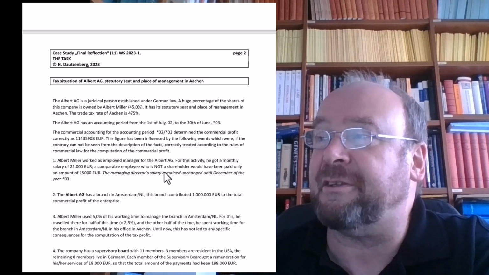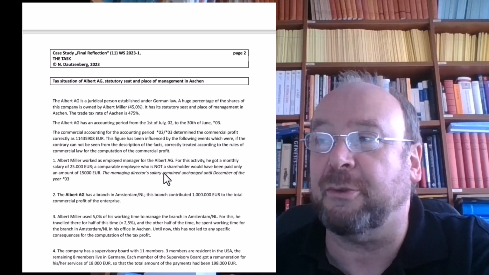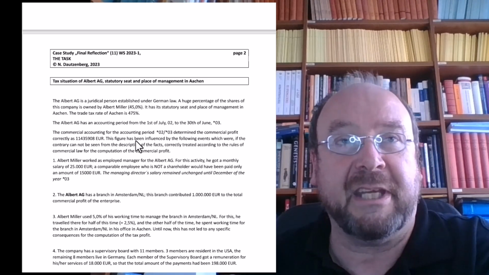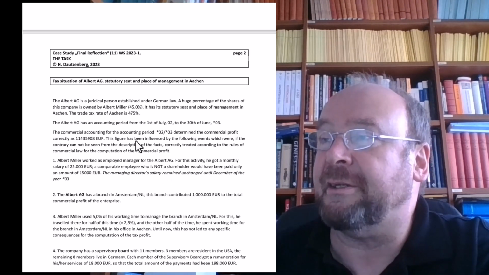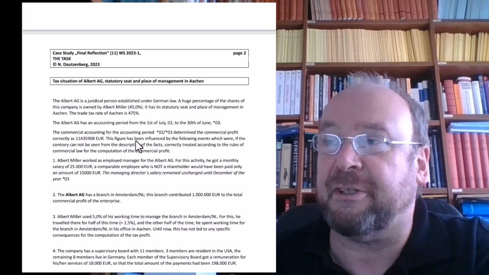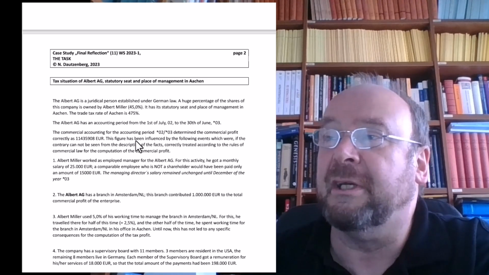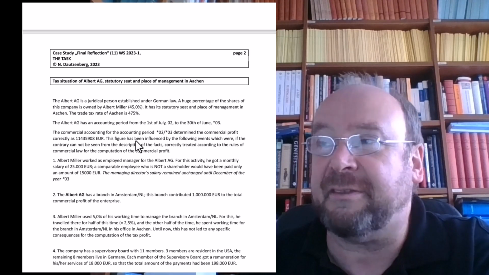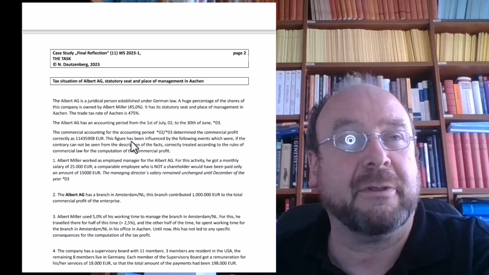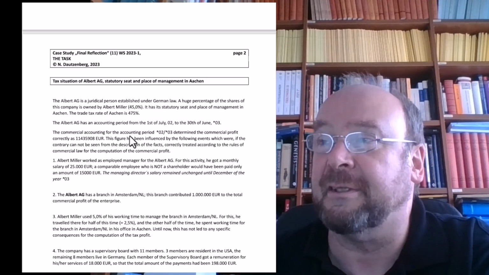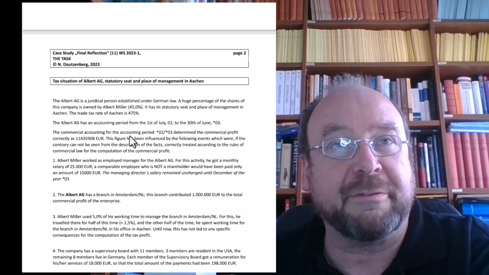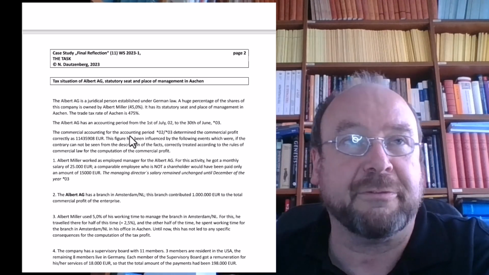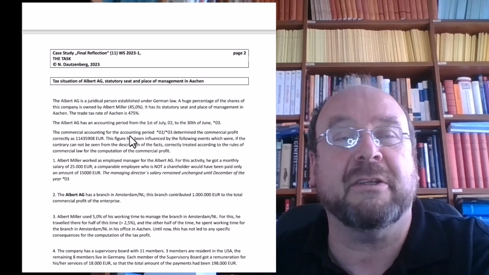A huge percentage of the shares of this company is owned by Mr. Albert Miller, namely 45%. It has statutory seat and place of management in Aachen, as I already mentioned, and you will probably need the trade tax rate of Aachen, that's 475%. For all those who are not familiar with the trade tax law of Germany, please don't be shocked.